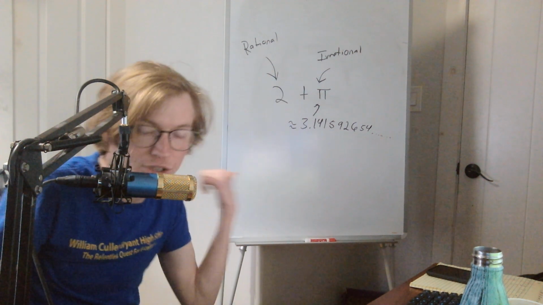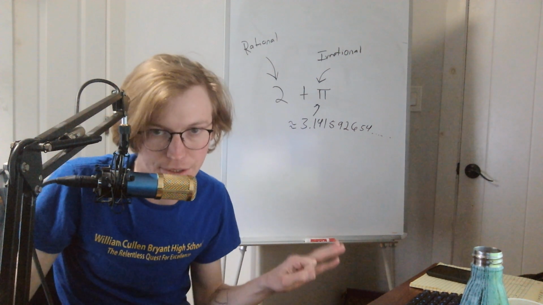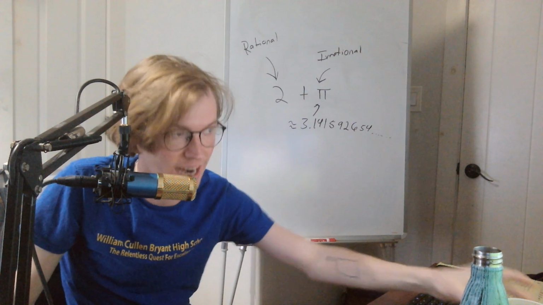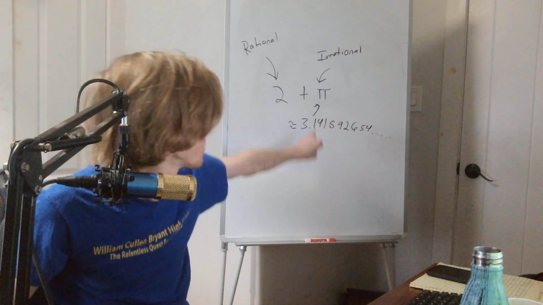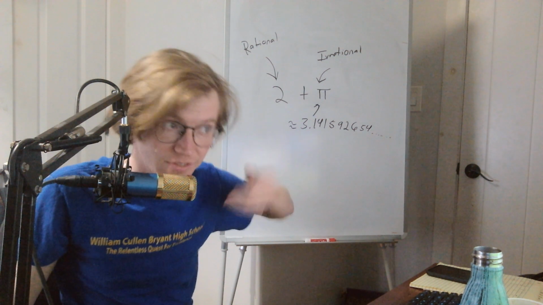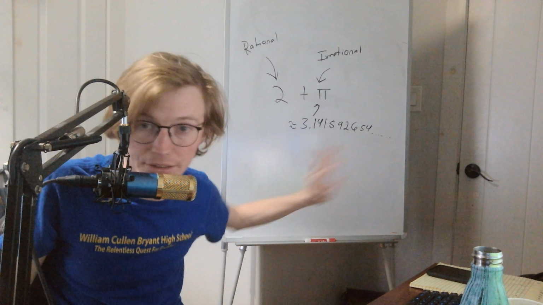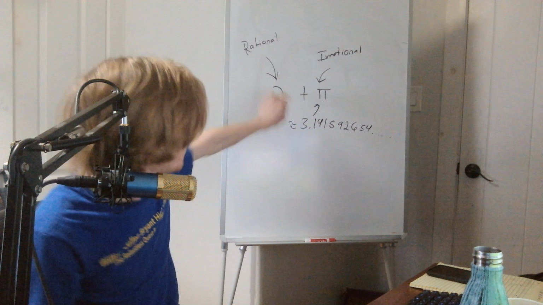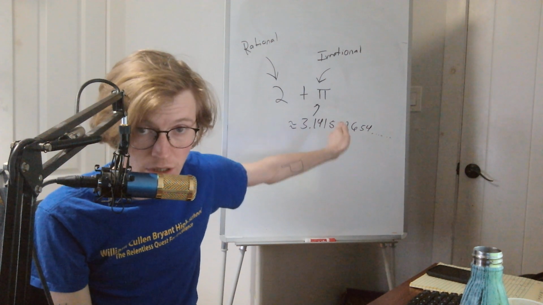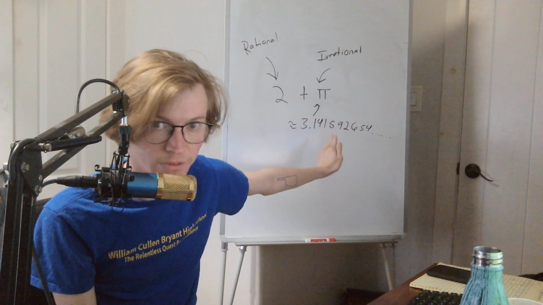All right, so those little squiggly lines mean about equal to, because technically I'm rounding, or I'm not writing out the entire thing, so I'm not actually writing exactly what pi is equal to. But pi is about 3.141592654, and it goes on. It doesn't stop.